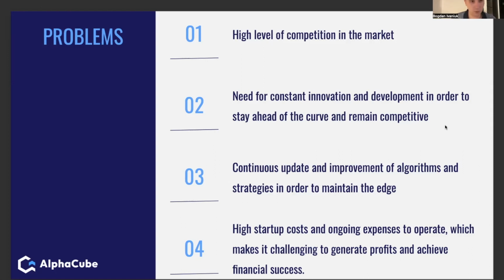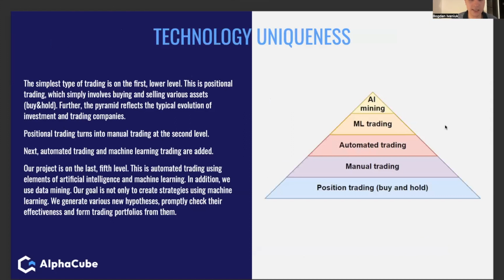Okay, let's go next. Those were the problems, but let's speak about different approaches used for trading on financial markets. First of all, the simplest idea of how you can invest money is positional trading. Just buy and hold: buy Bitcoin, buy the S&P 500, buy some stocks and hold.